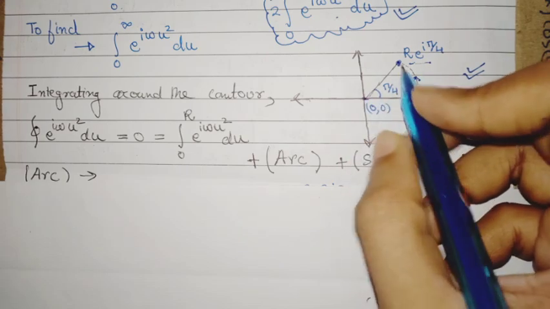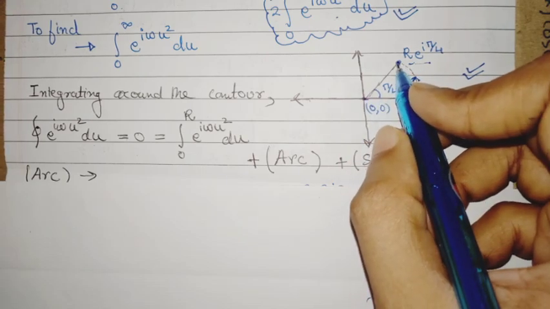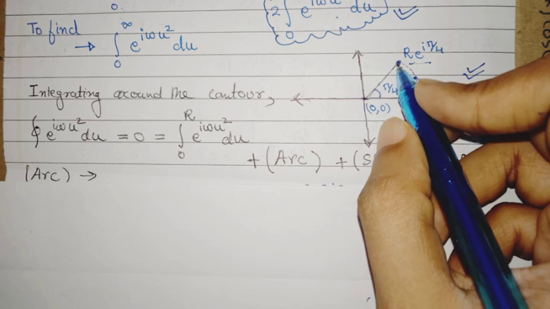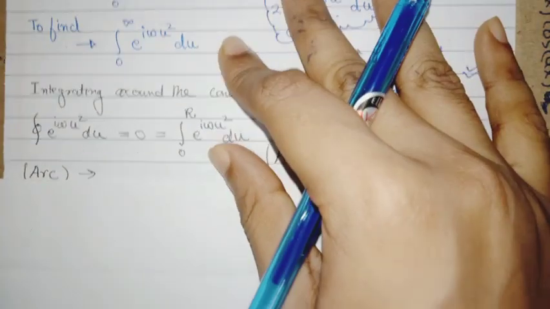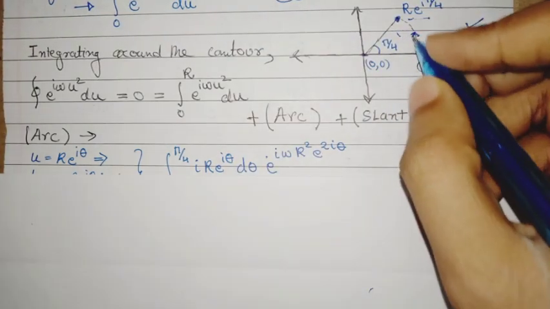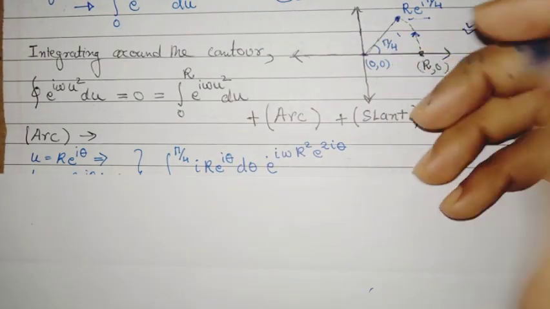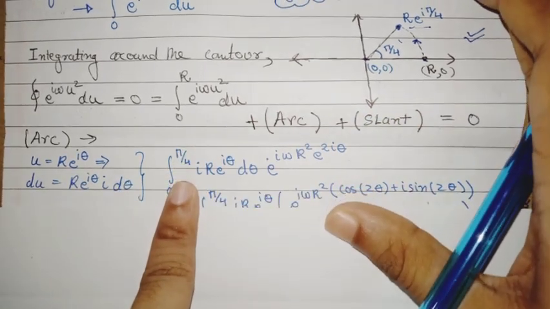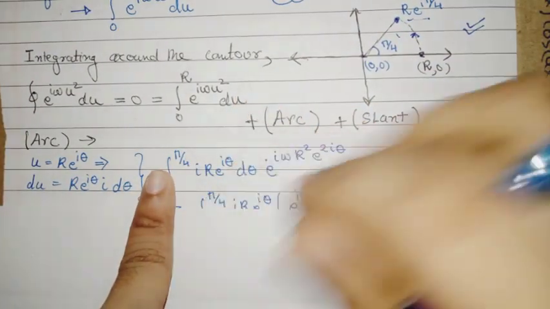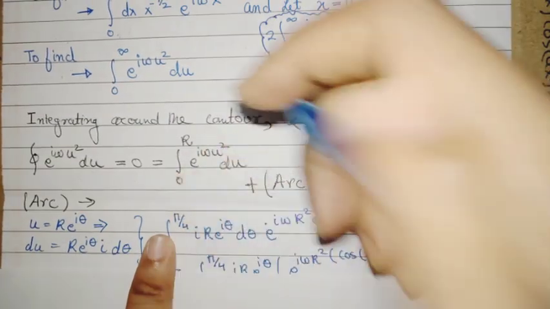So r e^(i theta) will give the point (r, theta), and then I will come back to the origin. When I use this integral, it will have only one pole in itself. No, it will have no poles. I'm sorry. You can see that.